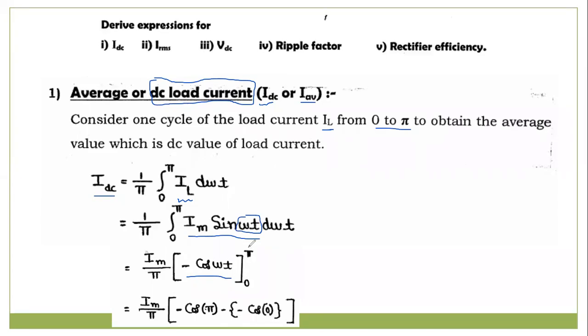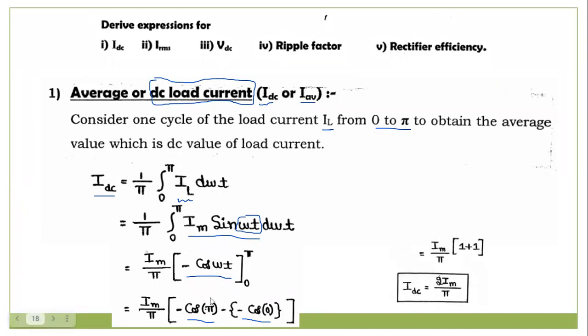Now once we substitute the upper limit and lower limit for this expression, you'll get minus cos pi and minus of minus cos 0. If we proceed with the simplification, we replace cos pi and cos 0 with their values.